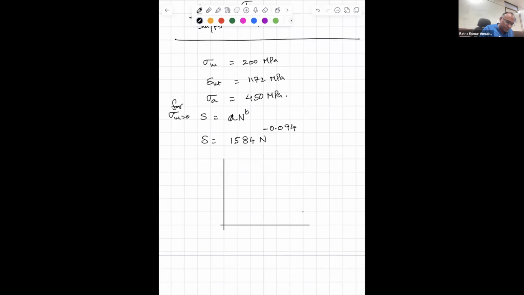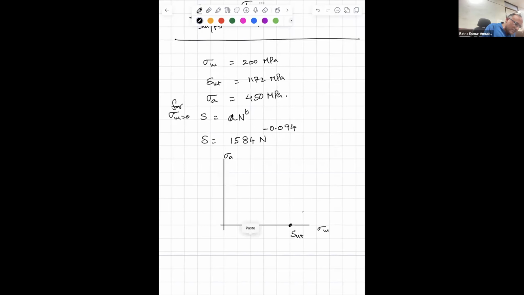Let us say in this graph, with sigma m and sigma a, this point is known, SUT. On this graph, one point is known. Do you agree or not? Yes, sir, in the Goodman diagram.